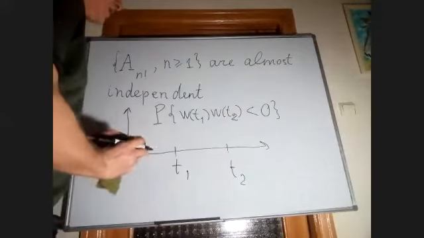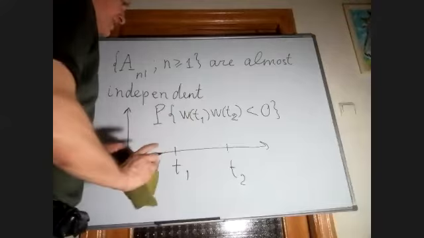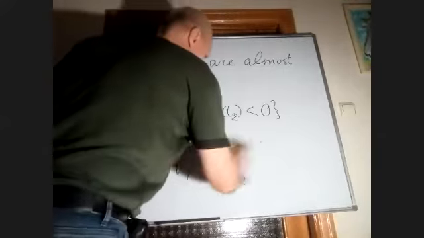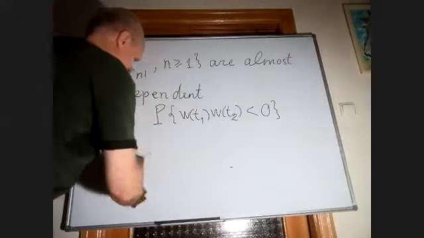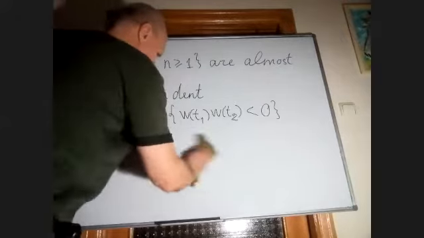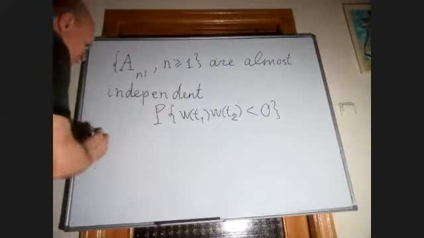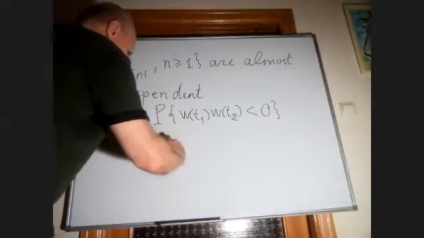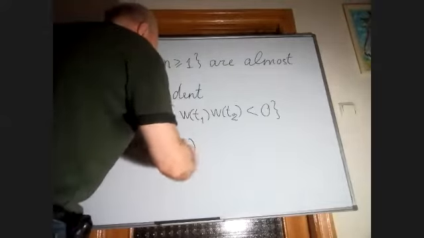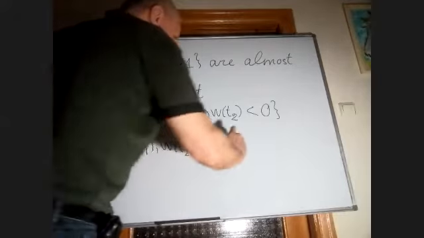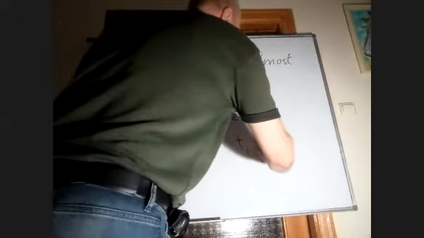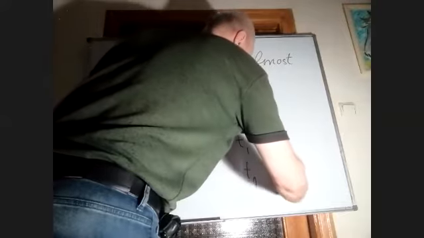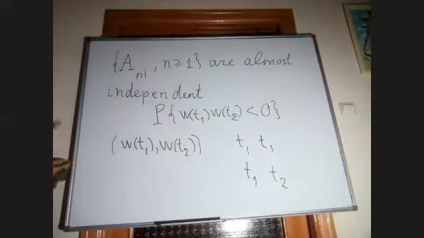Then let us check the distribution of this Gaussian random vector. The Gaussian random vector W(T1), W(T2) has 0 mean and covariance T1, T1, T1, T2.